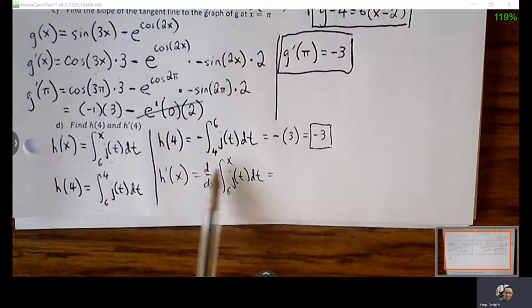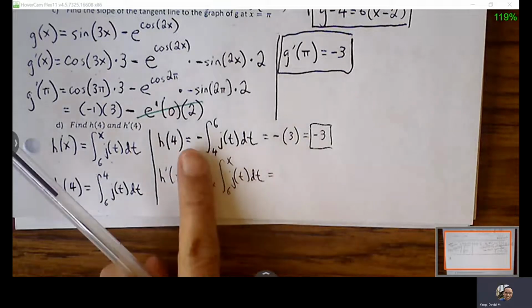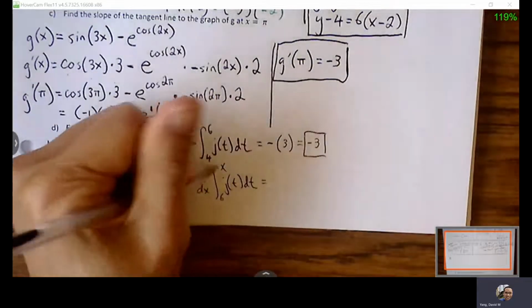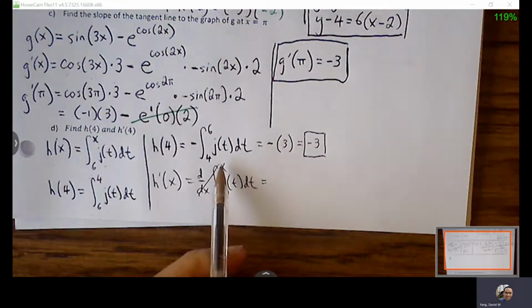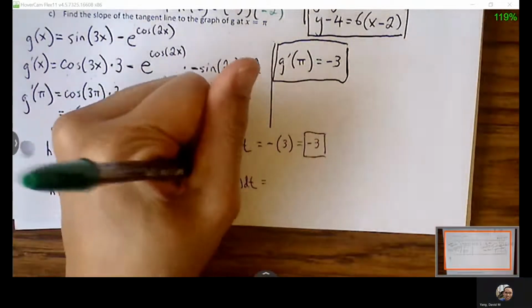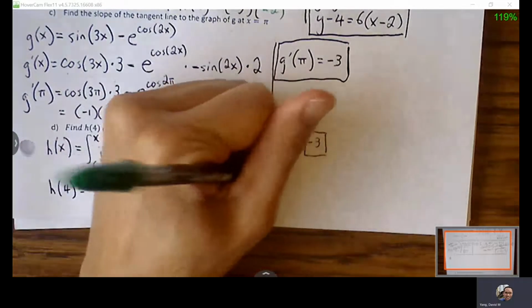Yeah, so cancel out. Okay, so this is basically applying the second theorem here. We know that this integral is sitting at a level above j. That derivative is going to drag it down so that I'm just left with that j. Now this upper bound is going to get inserted in as well. So h prime of x is just going to be j of x.